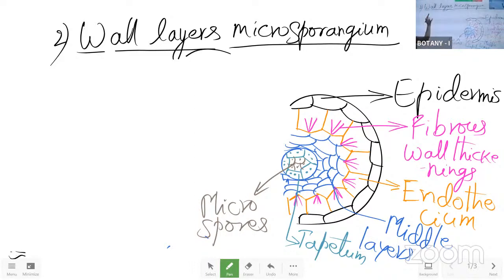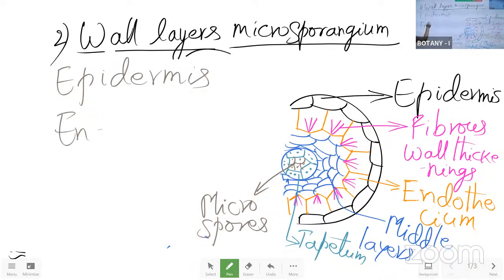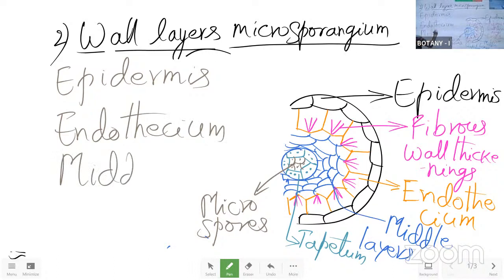So here also, the same thing. How many wall layers are there? The first one is the epidermis. The second one is the endothecium. The third one is the middle layers. And the fourth one is the tapetum.